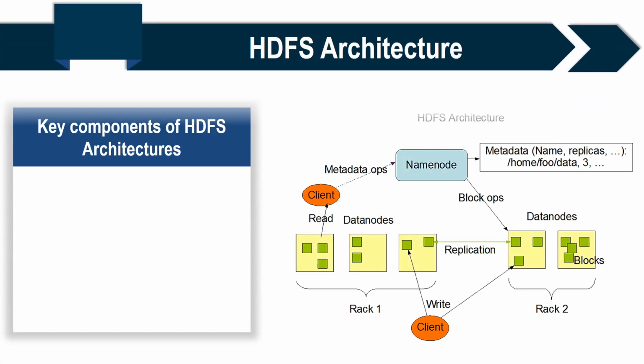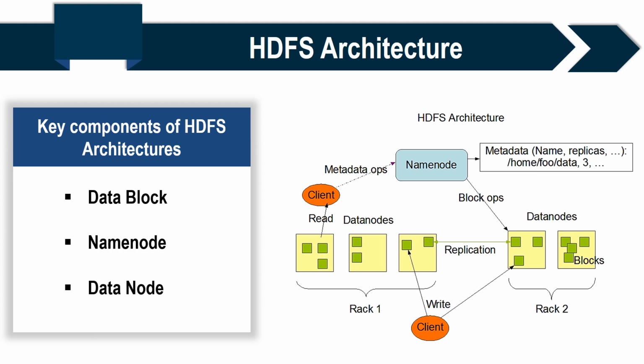Hadoop distributed file system architecture. So HDFS has three key components. The first one is the data block, second is the name node, and the third one is the data node.